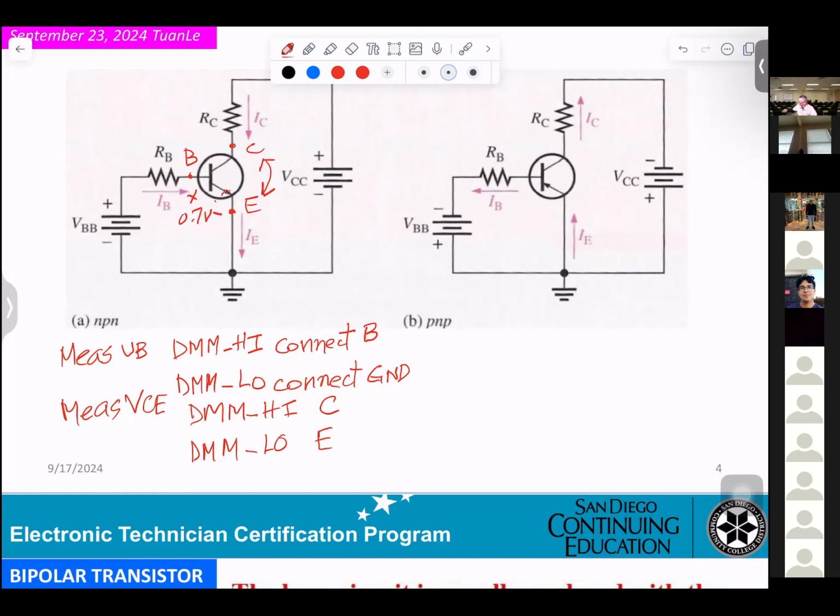Okay. If I want to measure VRC, okay, DMM high, DMM low.